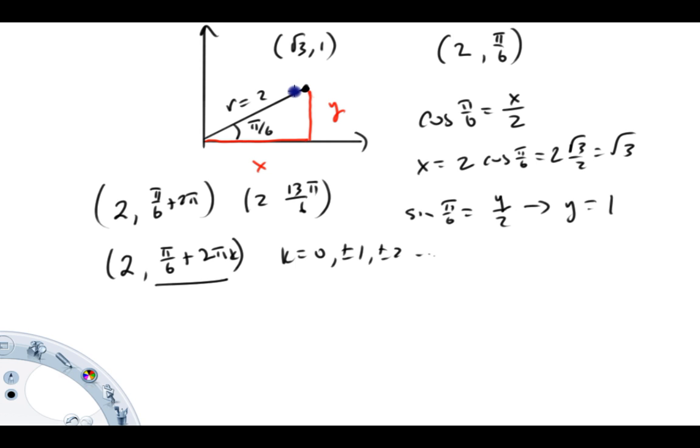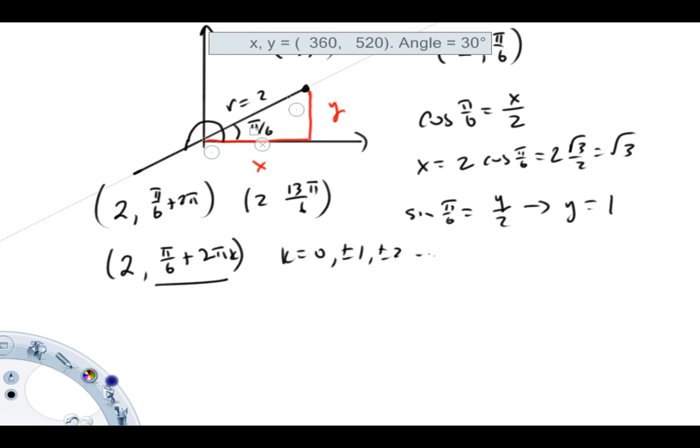Now, generally, distances are positive. However, in polar coordinates, r does have a meaning for a negative value. Here's the meaning. If I look at the angle from here to here, that would be pi, and if I tack on another pi over 6, that would put me here.